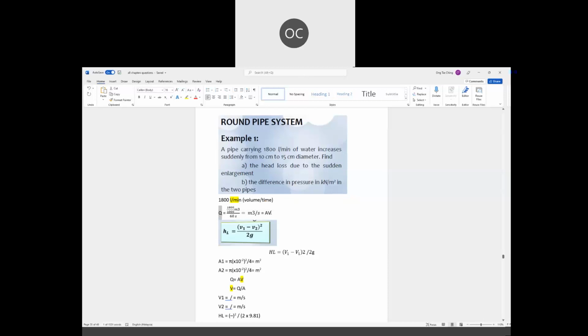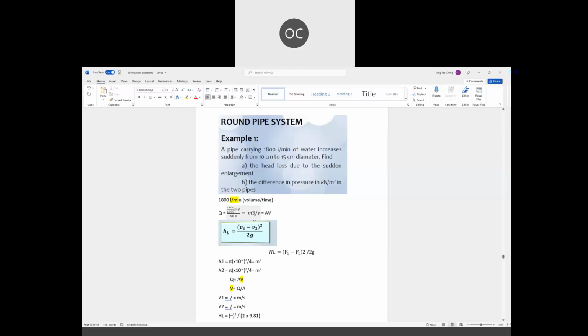Flow rate is volume over time. Over here you need to convert to the SI unit, which is meter cubed per second. In order to do the conversions, you need to know how to convert liters to cubic meters and minutes to seconds.